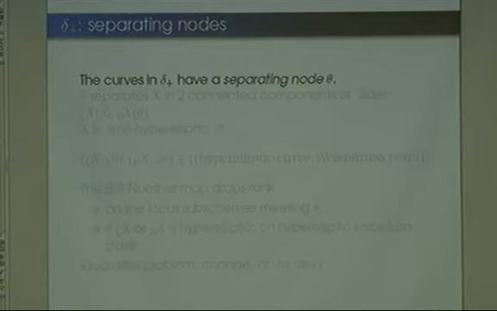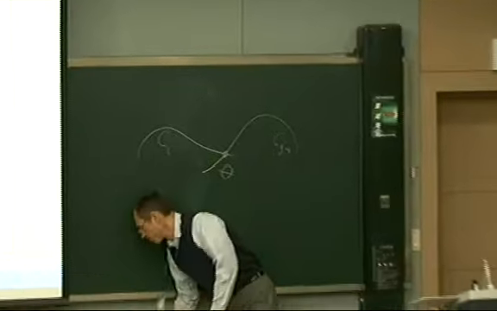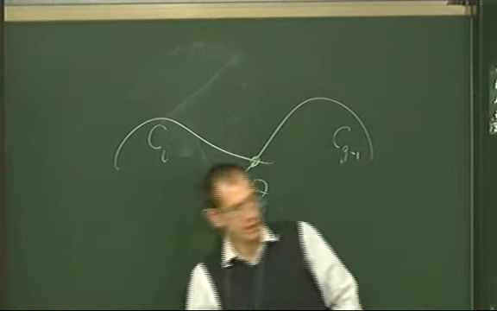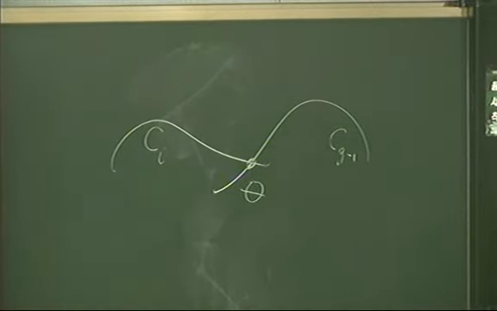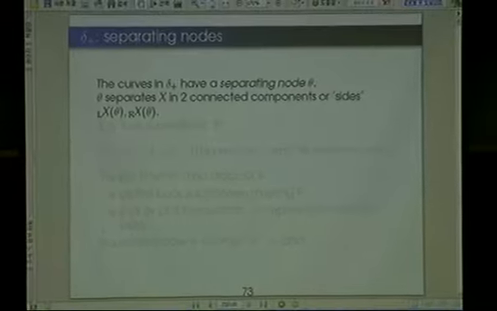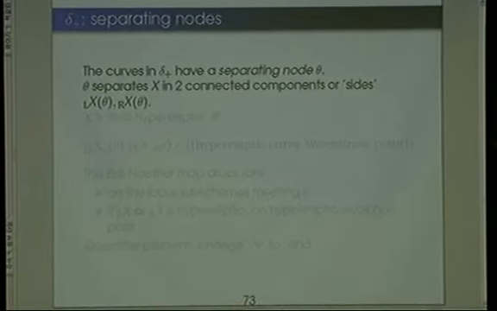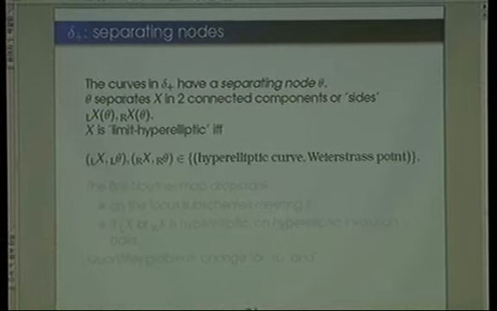So this is a curve of genus i, a curve of genus g minus i, and this point here is a separating node in the sense that if you either remove it or blow it up, you have a disconnected curve, and the curve has two components, which I like to call a left and a right side associated to this node.